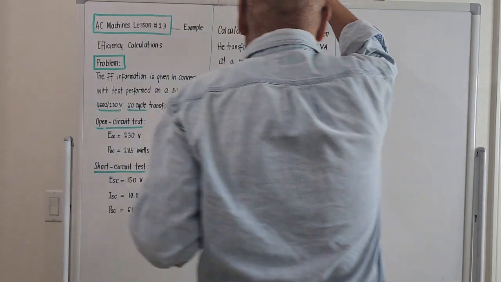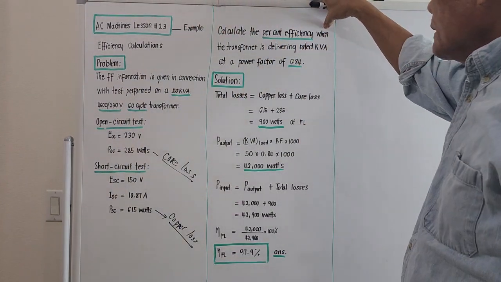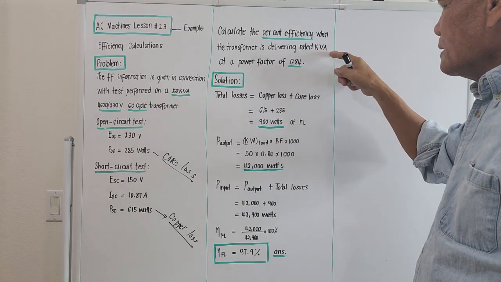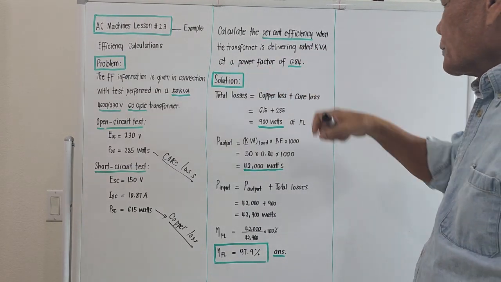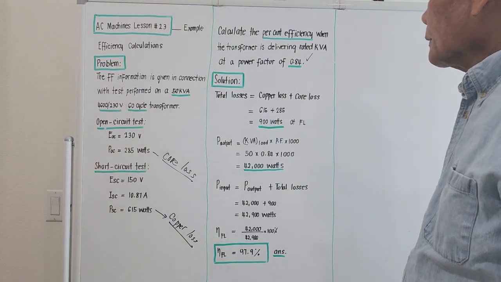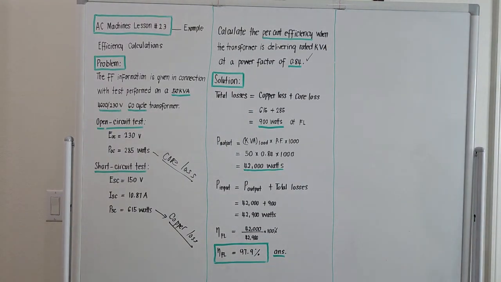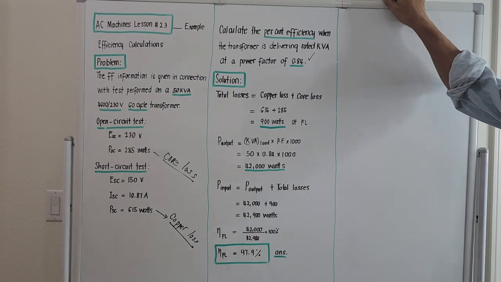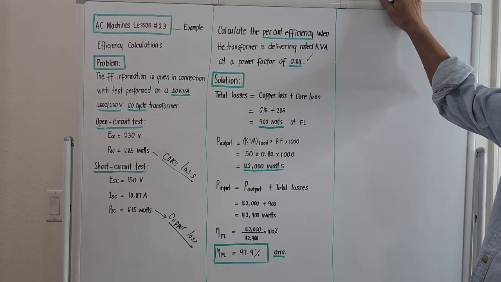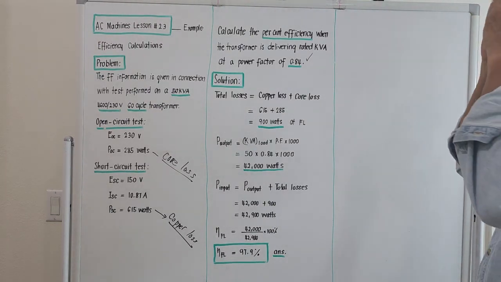Calculate the percent efficiency when the transformer is delivering rated kVA at a power factor of 0.84. To solve this problem, we just recall the formula on how to compute the efficiency.